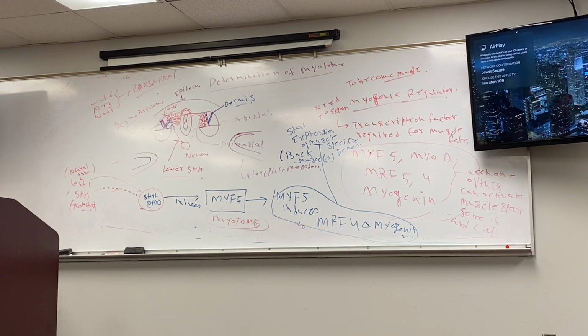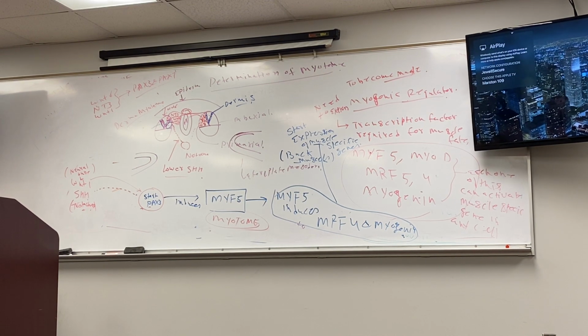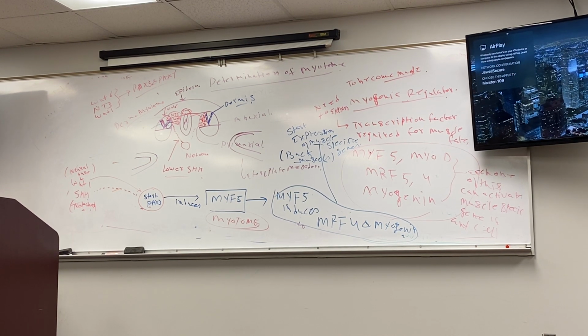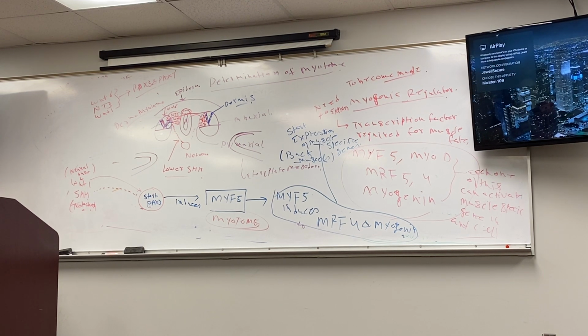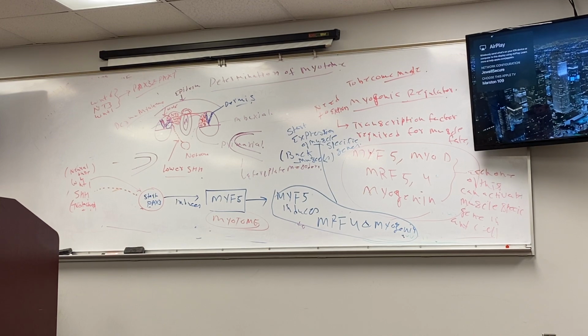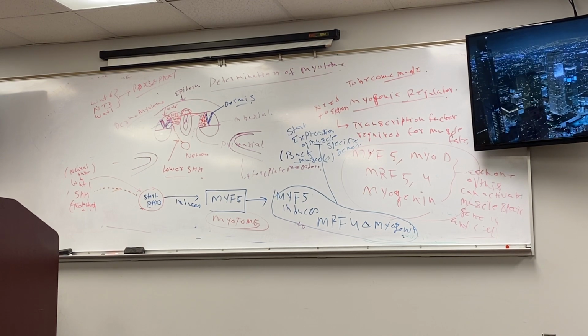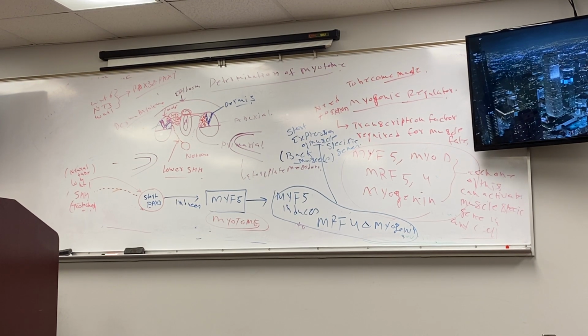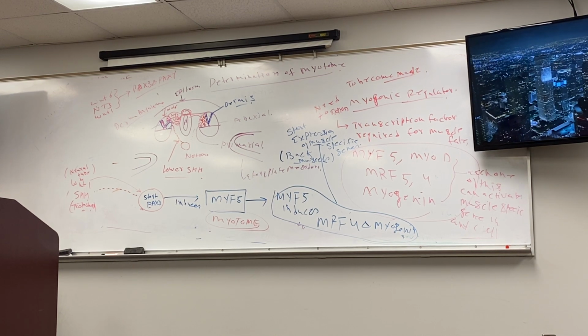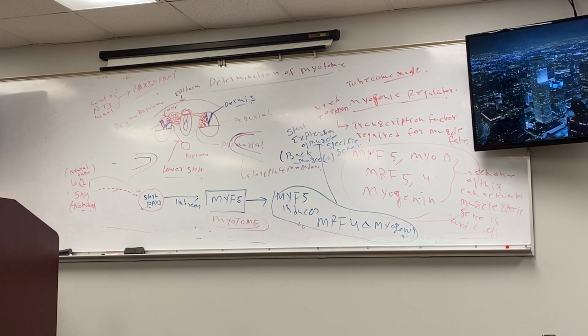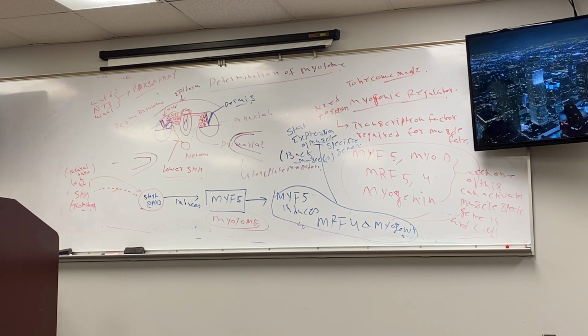Yeah, it does not have MYF5. MYF5 is made here, right? So MYF5 activates MRF4 and other muscle specific genes. So those proteins are influencing the surrounding cells, the surrounding edge area, to become dermis. Okay. Any other question? No, that was it.